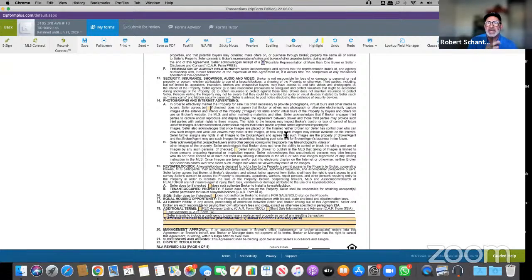13 addresses if there is a closed circuit camera or like the audio video recording equipment, because it's illegal in the state of California to record, to videotape someone without their consent. So if the seller has stuff like that in their house, then the very last sentence says sellers advised to post notices disclosing the existence of security devices.